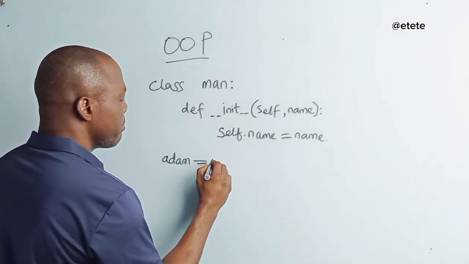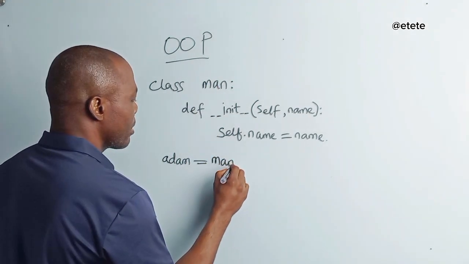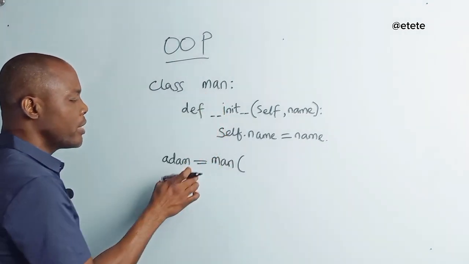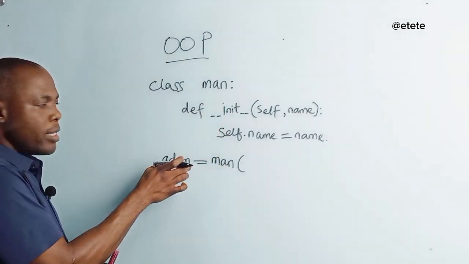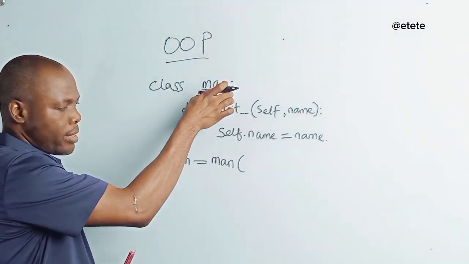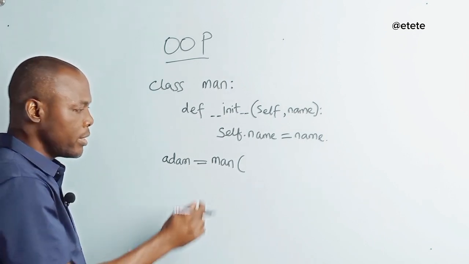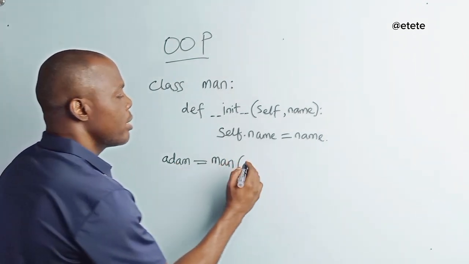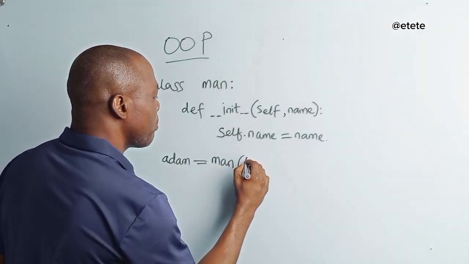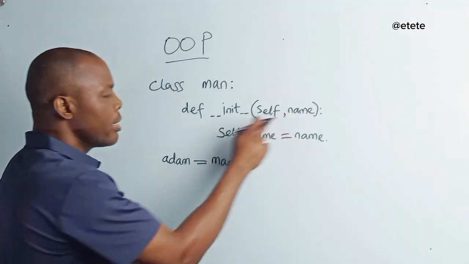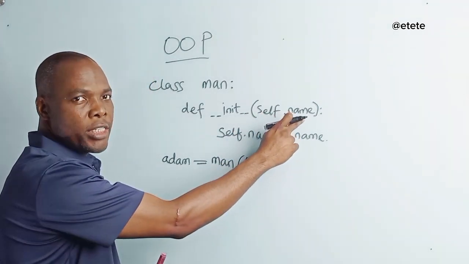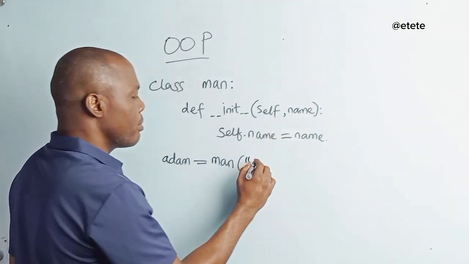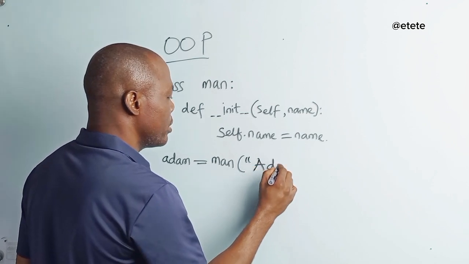I'm going to call this man. What I'm simply saying is that this object is created for this class, man, right? That is what I'm simply saying. So Adam, man. Then here I am going to supply what? Because it's expecting just this parameter, which is what? Name. So I'm going to give this name to it.